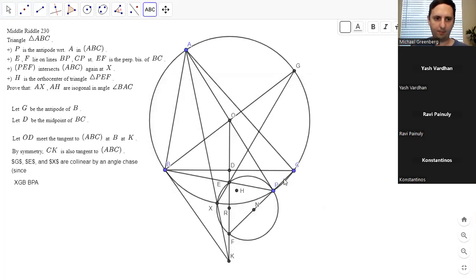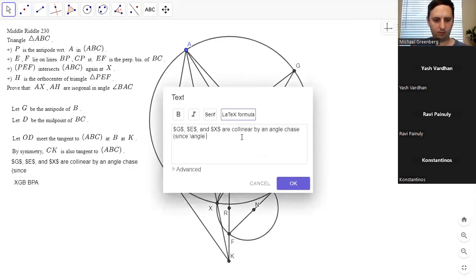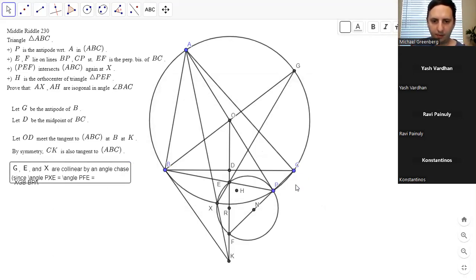Since angle PXE is PFE, which is equal to, it's not hard to see that that's angle ACB, I'm just going to write is equal to A. So the chords PG and AB are equal, and so ABPG is a rectangle since A and P are antipodes.